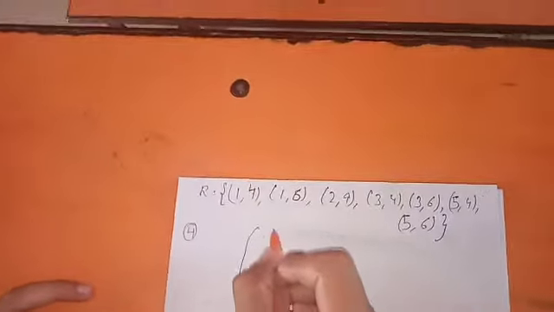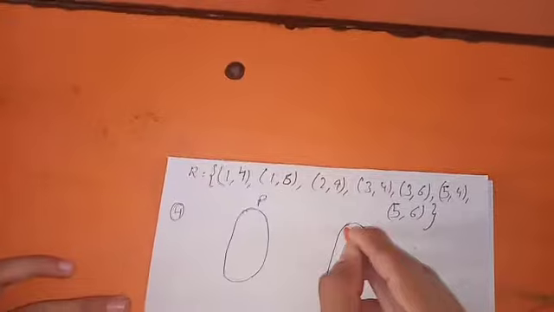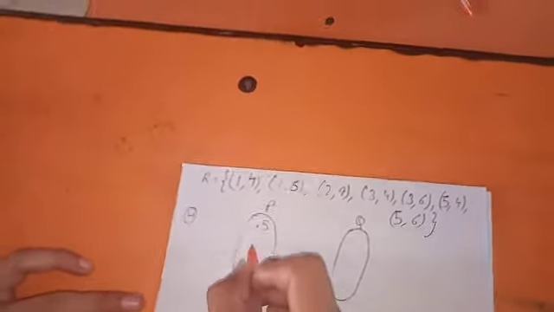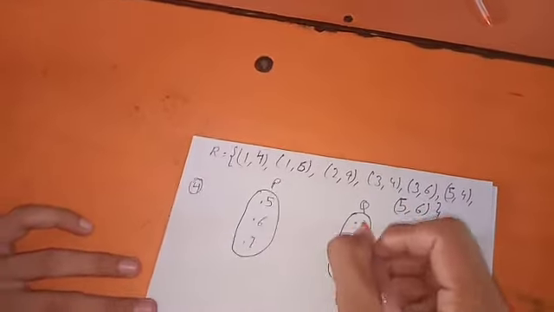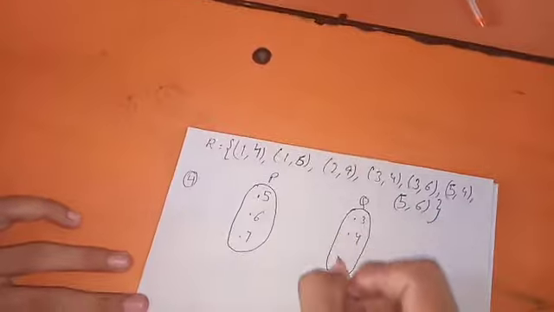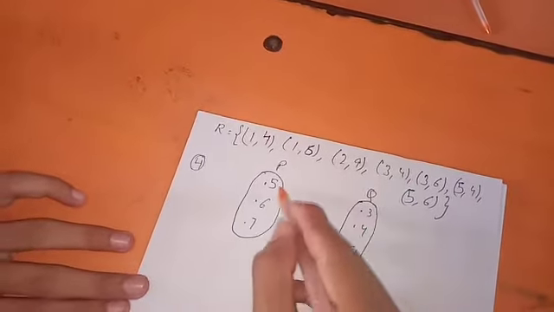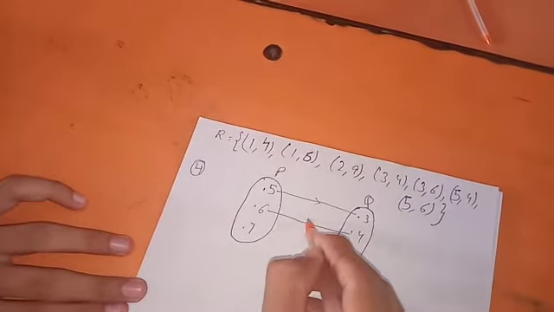What have they given to us? They have given us set P and set Q. In set P they have given elements 5, 6 and 7, and in set Q, 3, 4, 5, and its relation is with this.